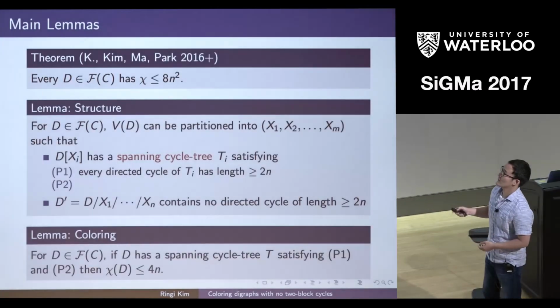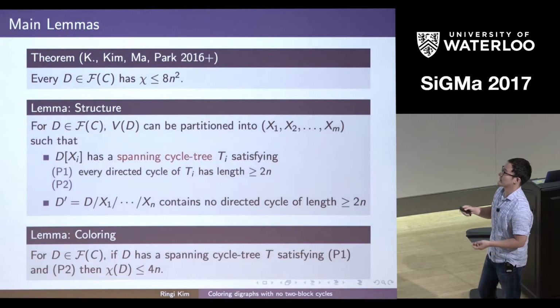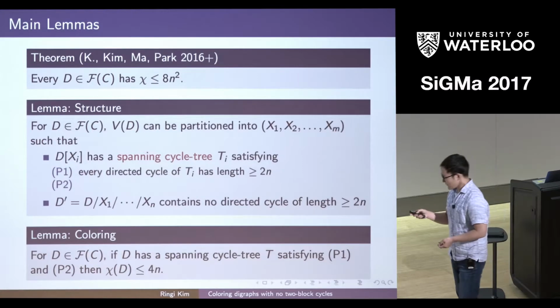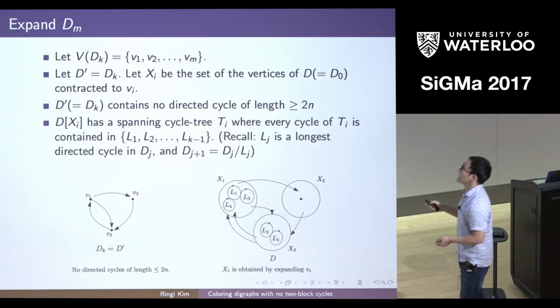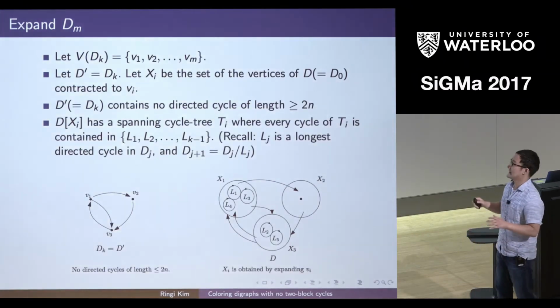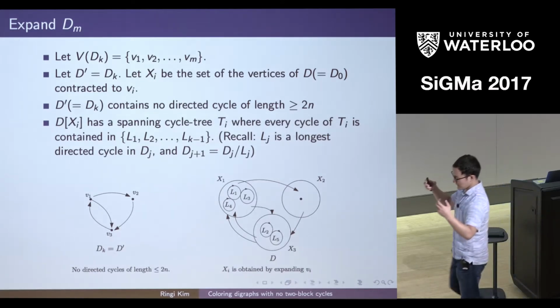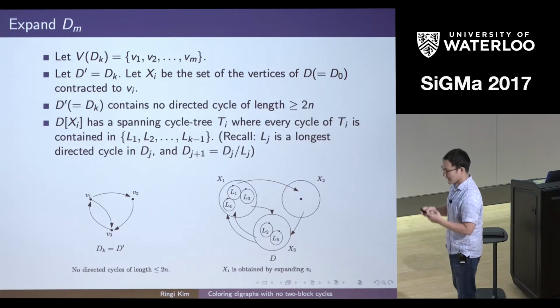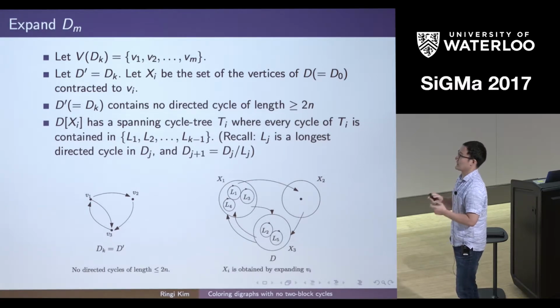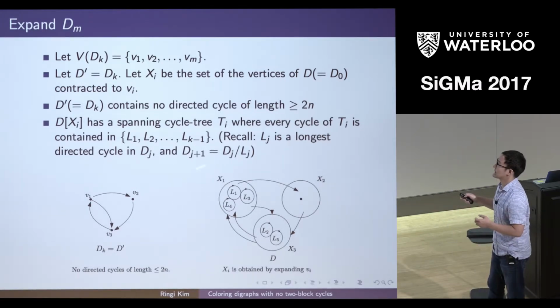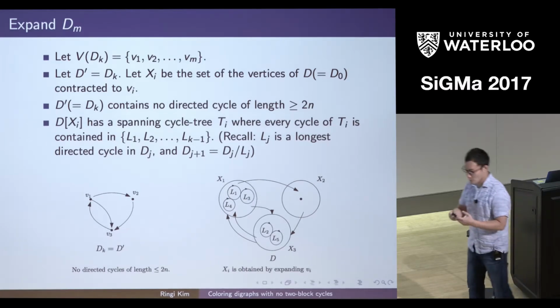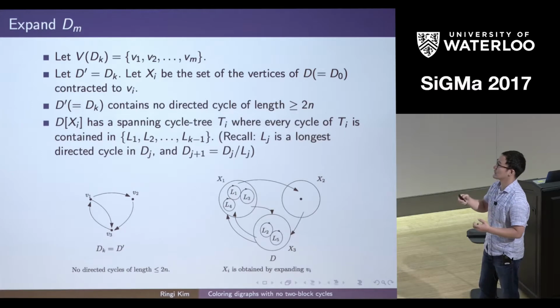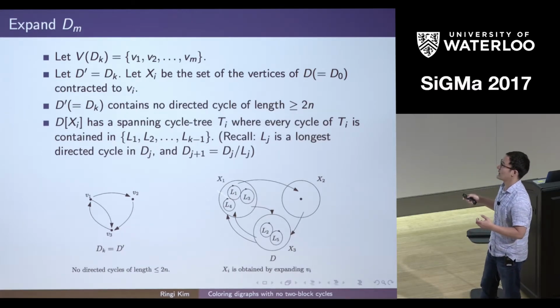So the first property is this. Every directed cycle of Ti has a length at least 2n. And the second property is this. So here, L1 is the longest cycle indeed, and Li is the longest cycle in Di. So it means that if you look at this part, L1 is the longest in X1. And if you contract L1, L3 is the longest. And if you contract L1 and L3, then L4 is the longest one.